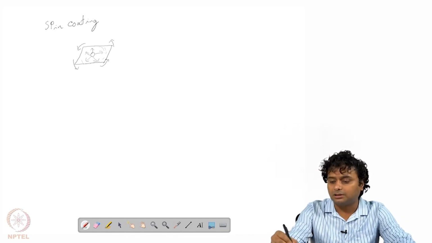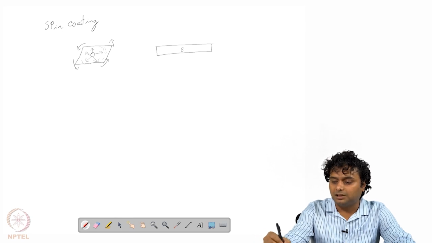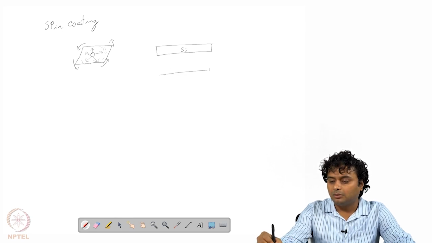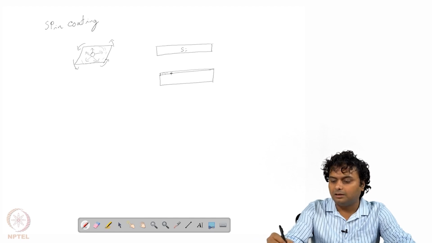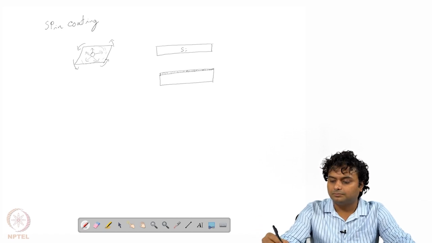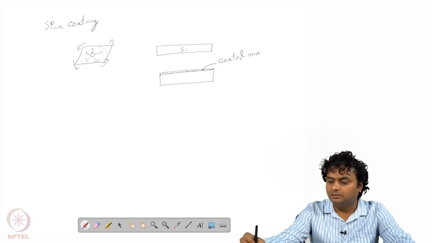If we see the cross-section image, let us say this is the silicon piece, and after spin coating we will have a thin layer of the coated material on silicon.